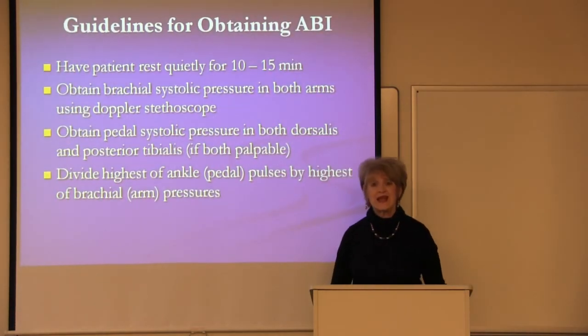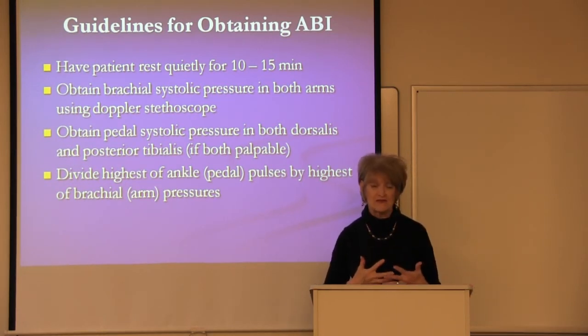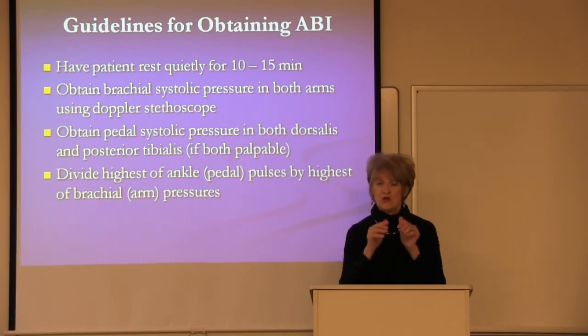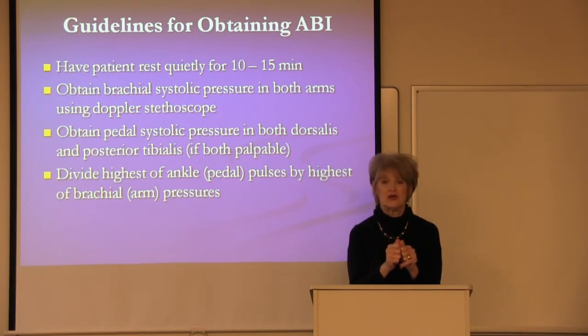We will practice calculation on site. This is critical for you to do correctly. If you reverse your numbers, your values will be totally wrong and will take you in the wrong direction. What I always remember is A comes before B. So when I'm entering into the calculator, I first enter my ankle pressure, the highest of the two ankle pressures on the right.